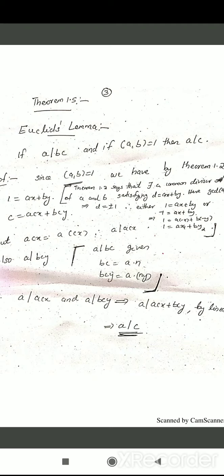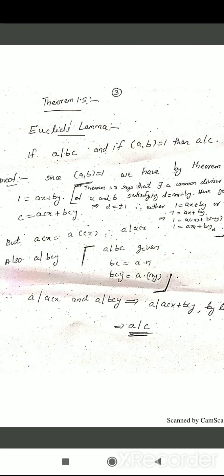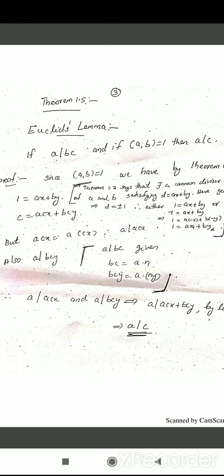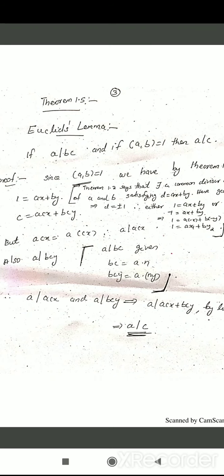If 1 = ax + by, we are done. If not, -1 = ax + by, then 1 = a(-x) + b(-y), which equals a x1 + b y2, where x1 is -x and y2 is -y. In any case, 1 = ax + by for some integers x and y.